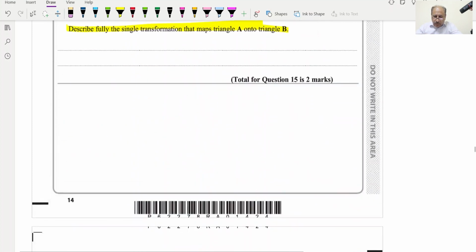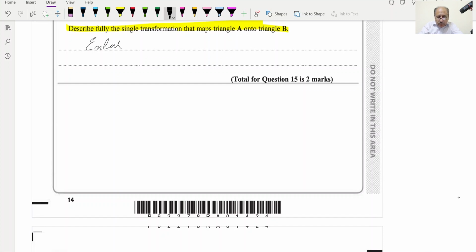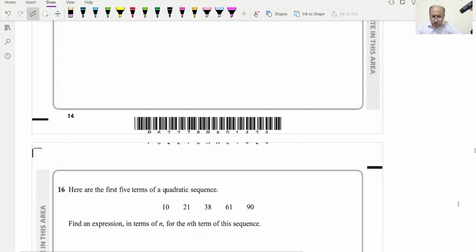So we can write here, this is basically enlargement by scale factor equal to minus 1.5. This is done. 2 mark question.